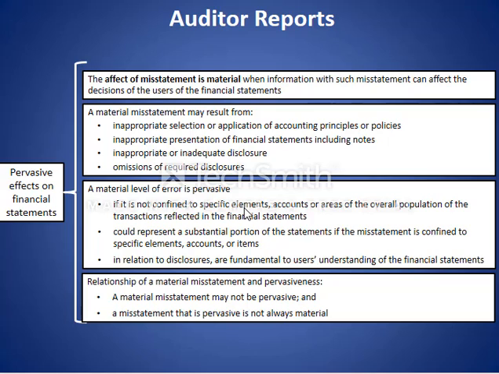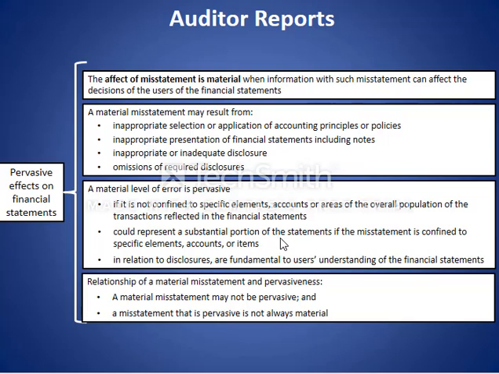So not confined to specific elements, accounts, or areas of the overall population of the transactions reflected in the financial statement. It's not confined to one or two areas, even though it's material. It could represent a substantial portion of the statements or the information in the statements, if the misstatement is not still confined to specific elements, accounts, or items.